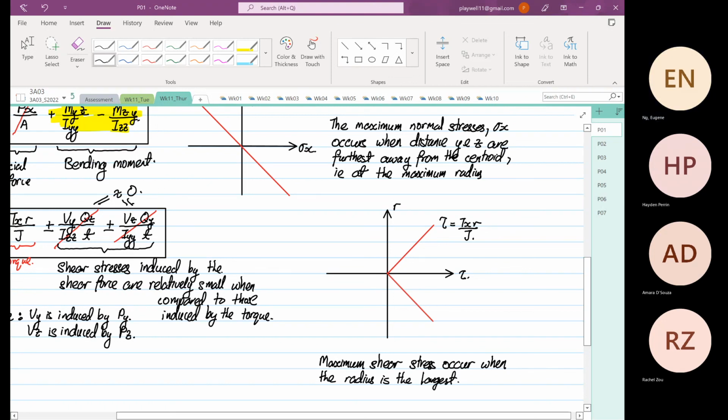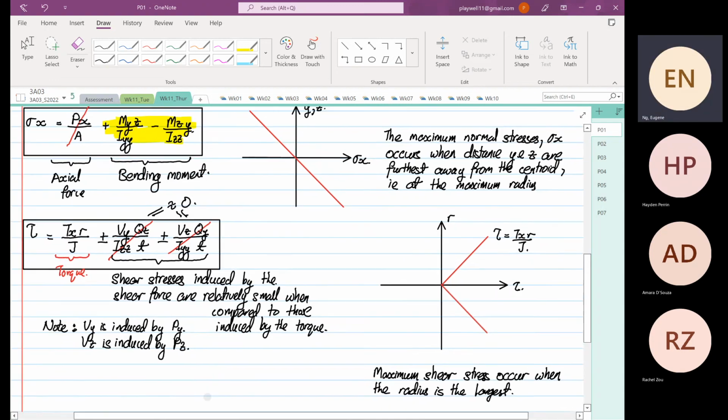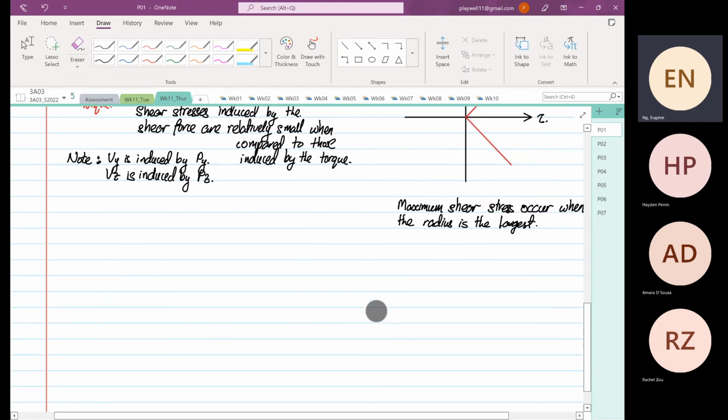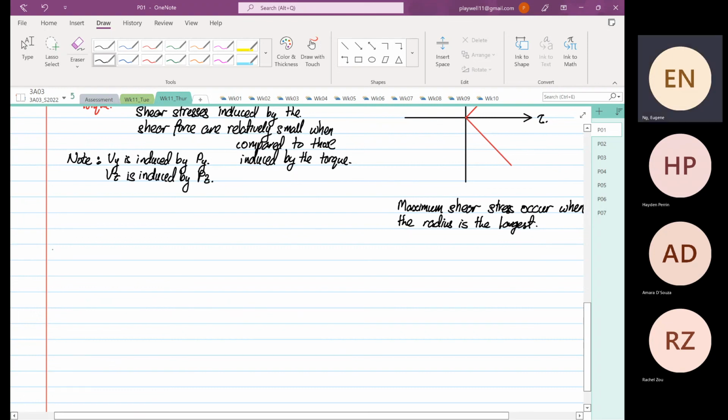So this is good news. This is because the normal stress is largest at the maximum distance from the centroid, and so is the shearing stress. So now those are the formulas required to find the normal stress and the shearing stress. Now we have to relate.